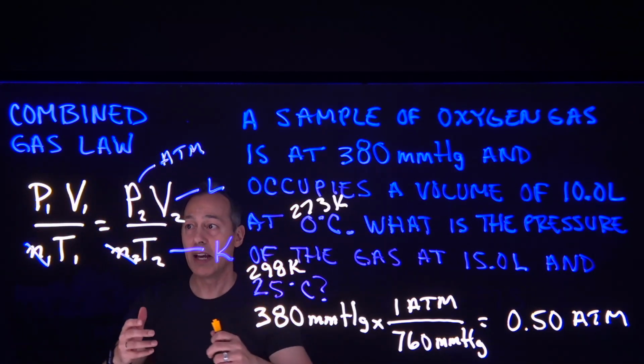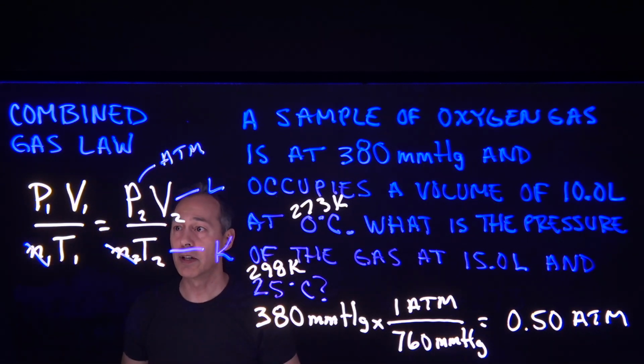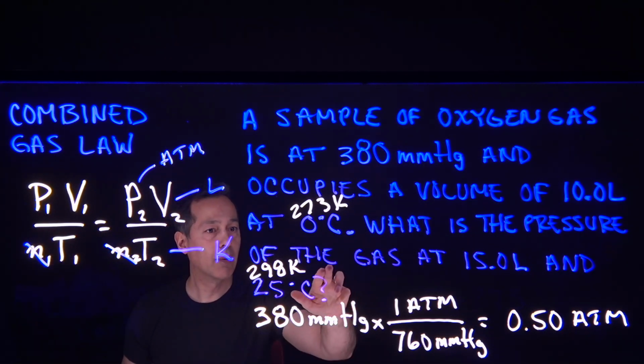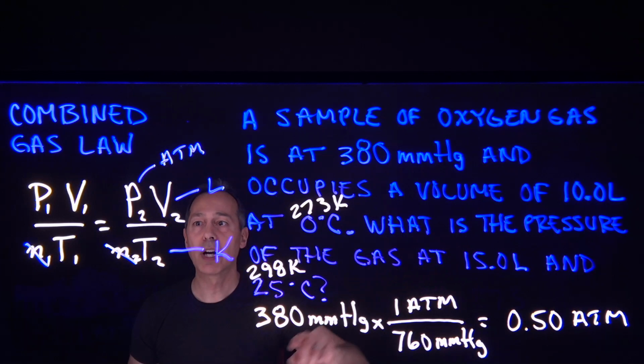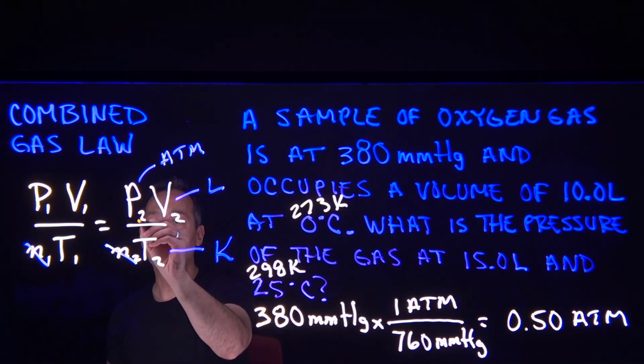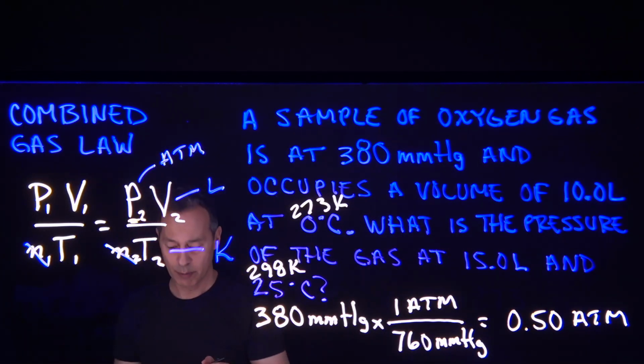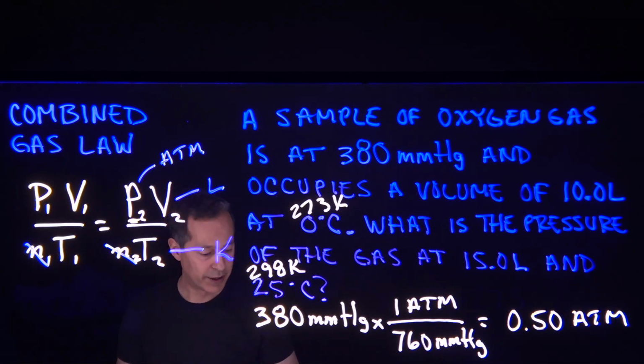And now I can start plugging things into my equation. Remember, I have before and I have after. And when I'm done, I want to figure out what is the pressure. So I want to find this here: what is the pressure when I'm all done?